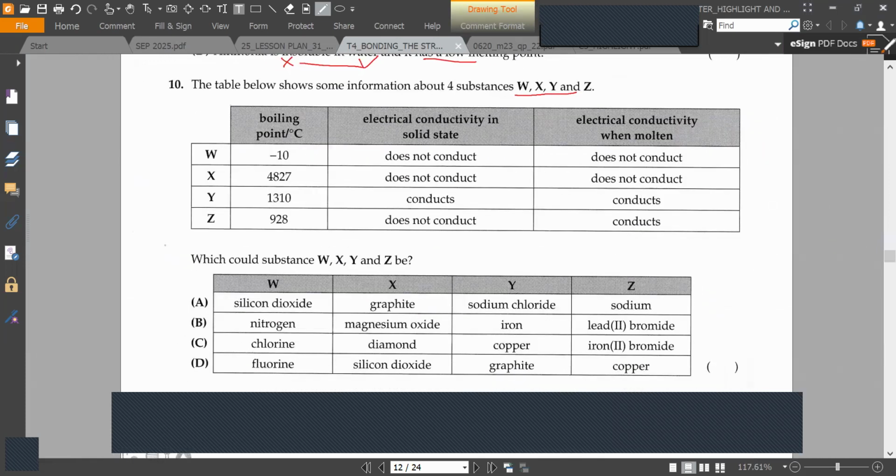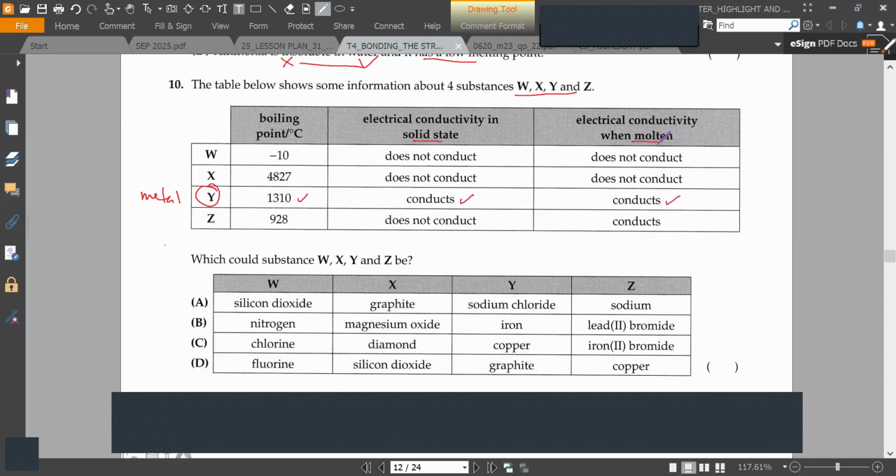The easiest one to identify will be Y. Y is metal, because of high boiling point, conducts electricity in solid state, and conducts electricity when molten.